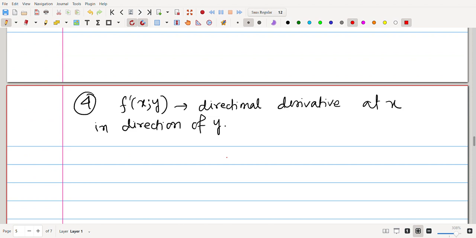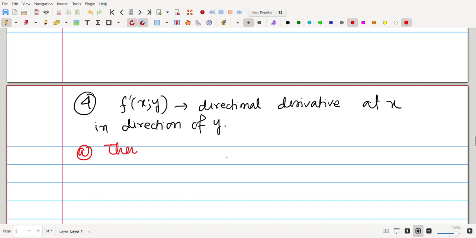Now the problem number 4, which has two parts. We define a notation f prime (x dot y), the directional derivative at x in the direction of y. Okay, this is just a notation.